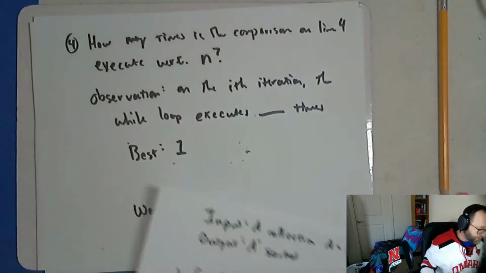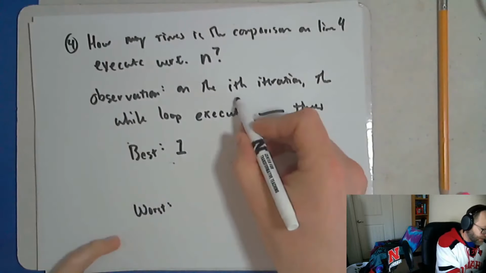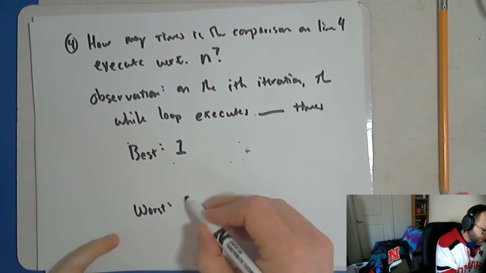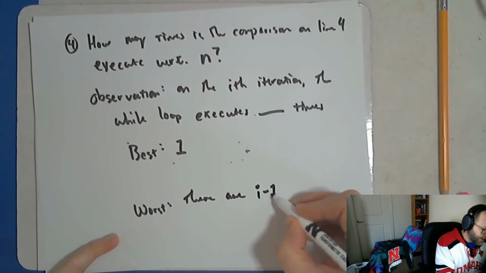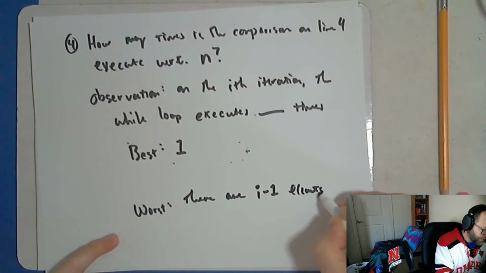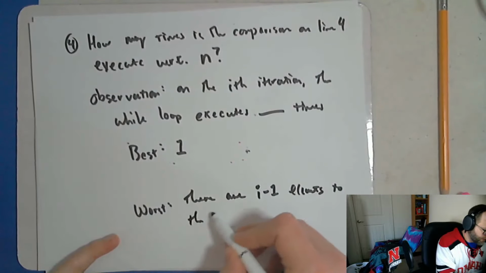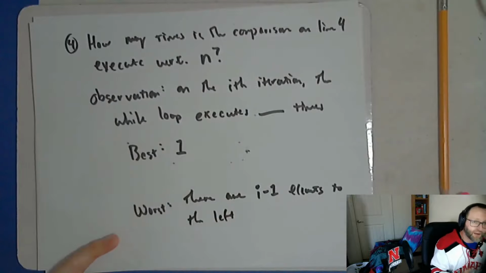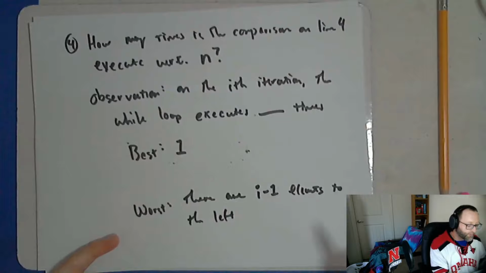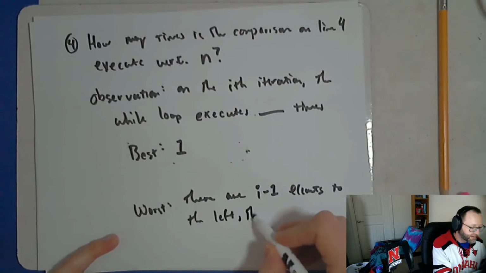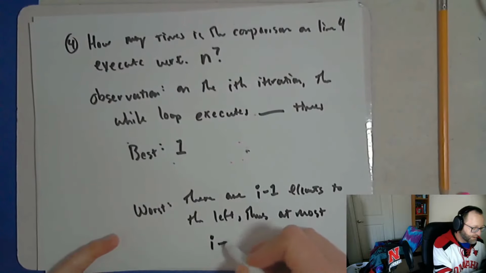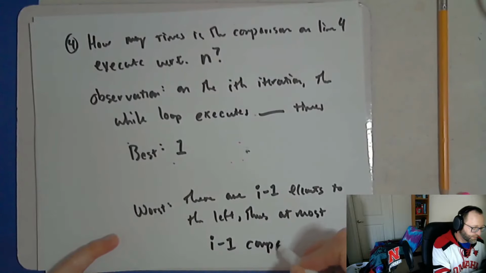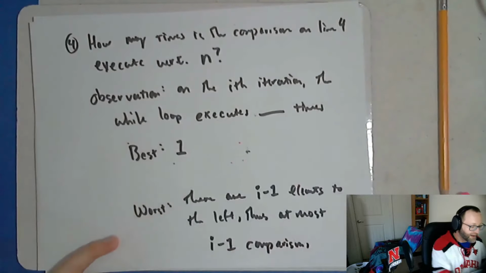So in general, on the ith iteration, there are i minus 1 elements to the left. And in the worst case, we have to compare to all of them to shift it all the way down to the beginning. And so my answer here is, thus, at most, i minus 1 comparisons in the ith loop here.